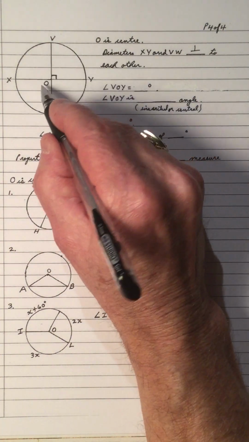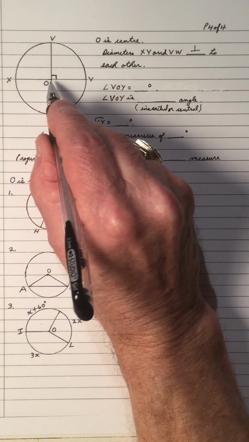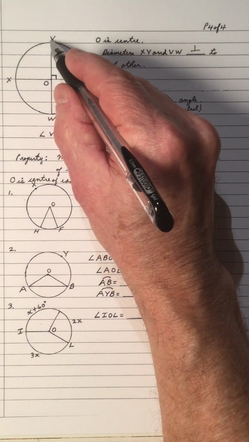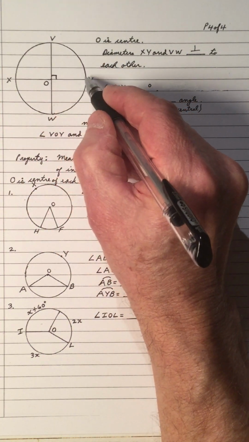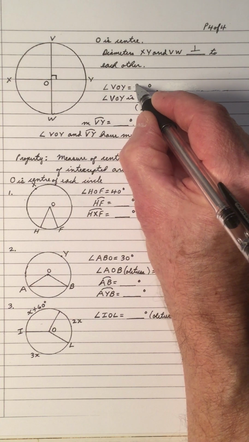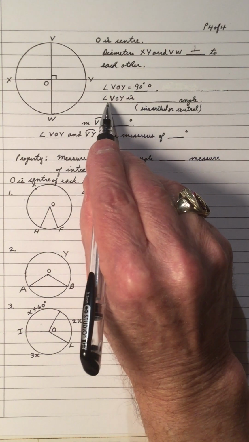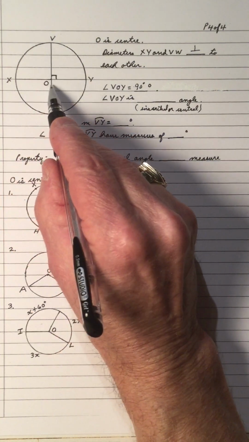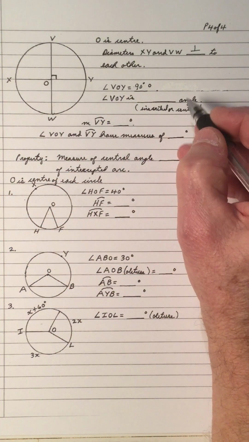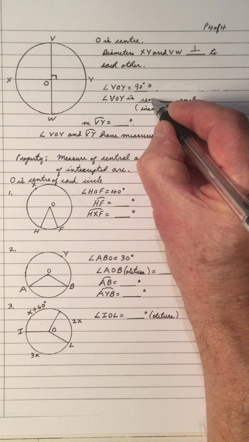Because the diameters are perpendicular to each other, the angle VOY is 90 degrees. The angle VOY is a central angle.